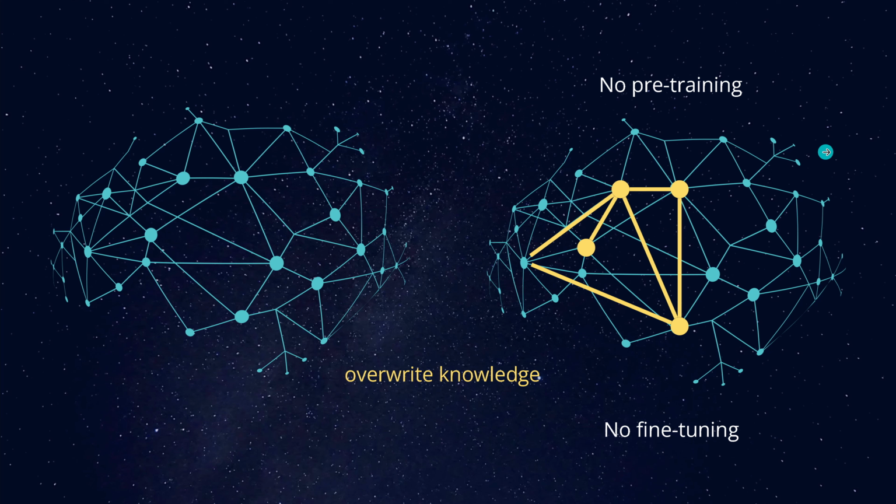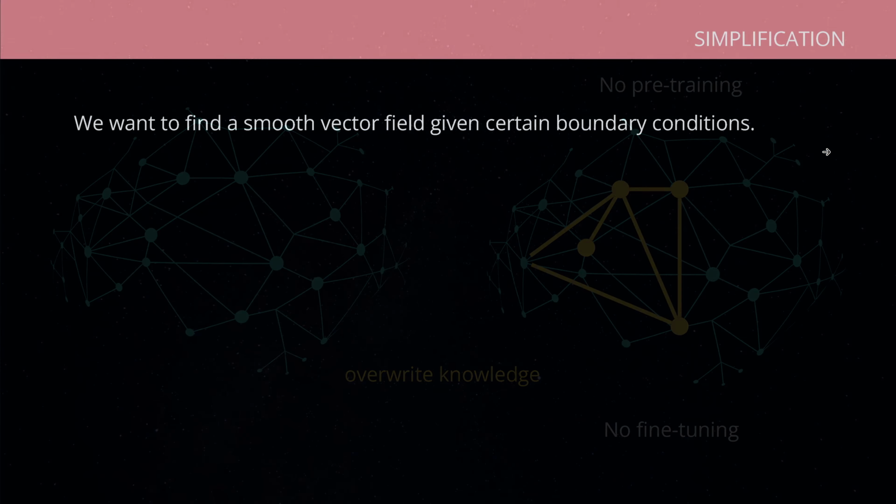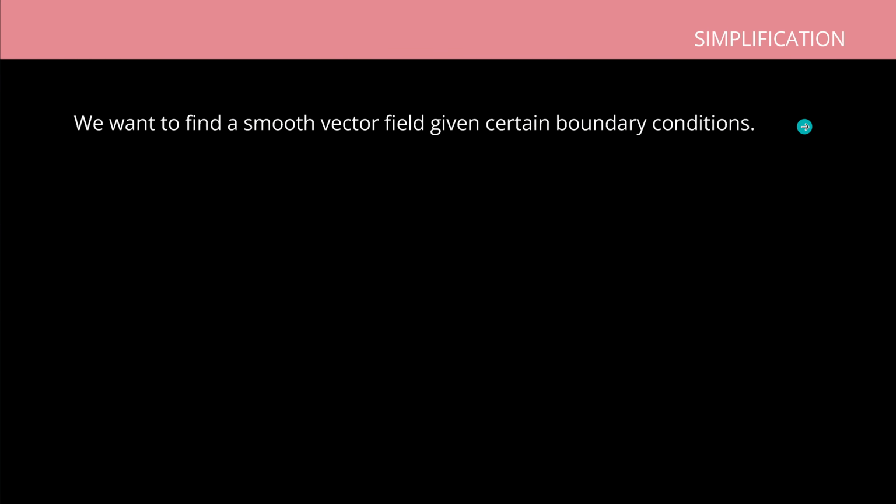So if you go for the real simplest, I would go with this one. If you want to go a little bit more complicated, I try with this simplification. This is just me trying to make this understandable if you encounter this the first time. So we want to find a smooth vector field, given that we have certain boundary conditions. Remember the electrostatic field by Dirichlet? This is it.